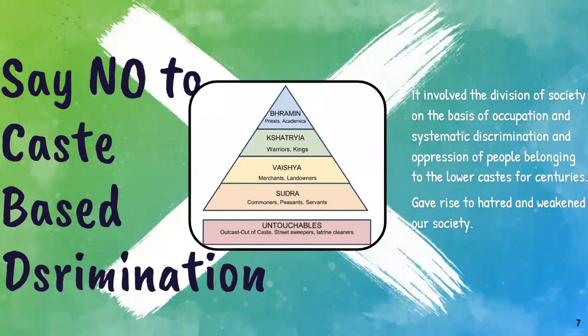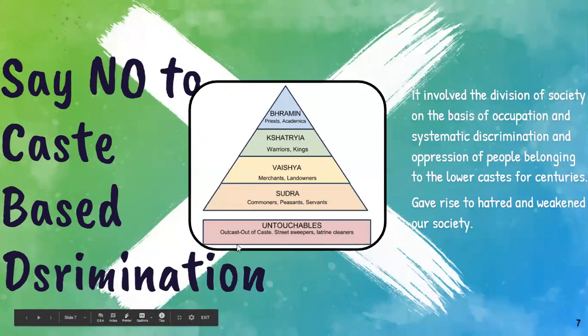Next, another point of discrimination that we've seen in our society is caste discrimination, which we also covered in detail in our previous classes. What is caste discrimination? As I told you, Indian society was divided on the basis of caste.